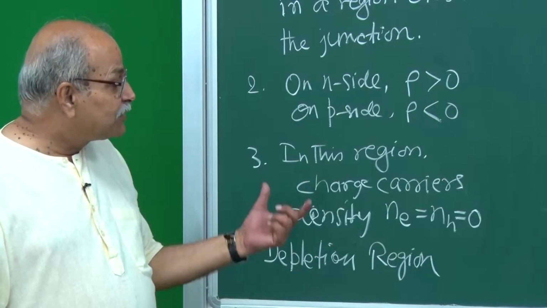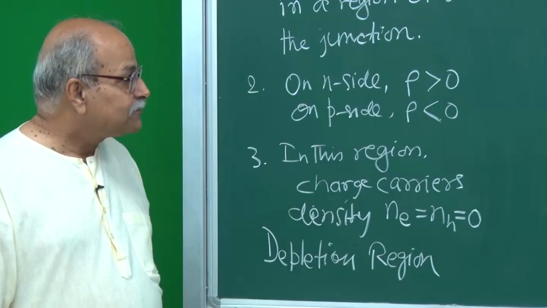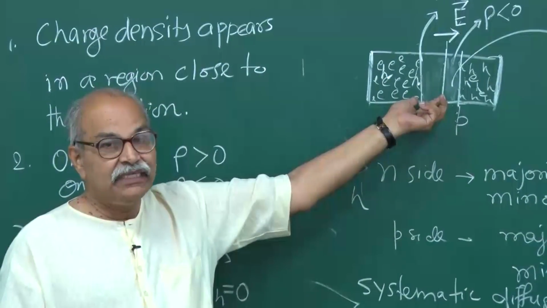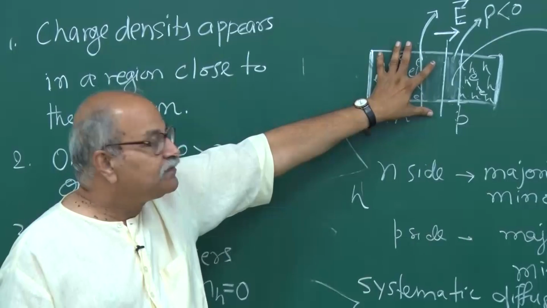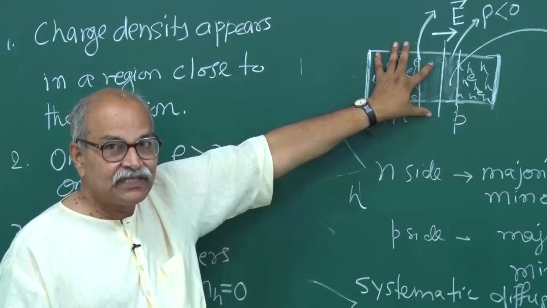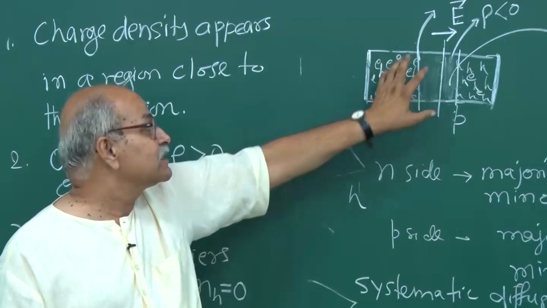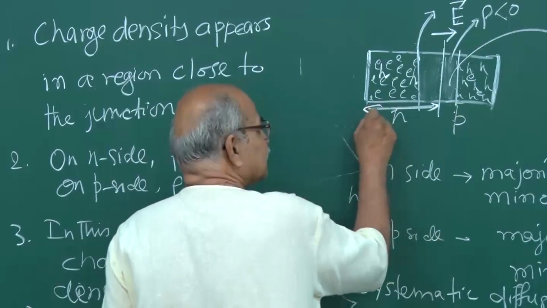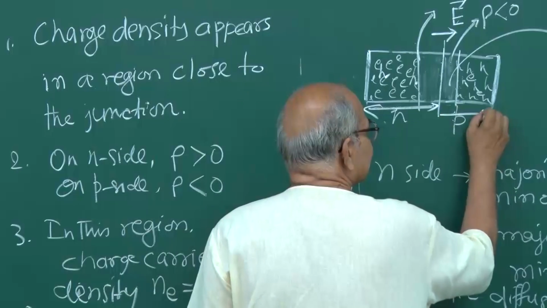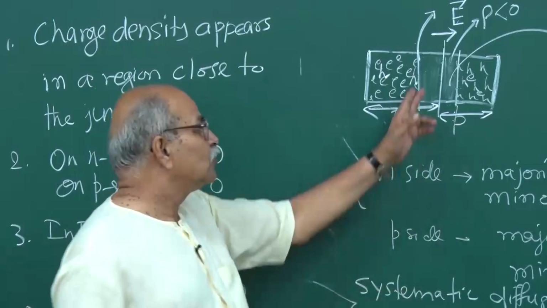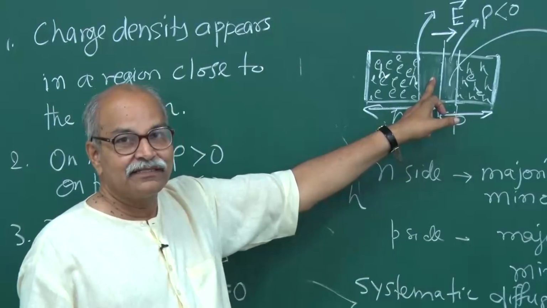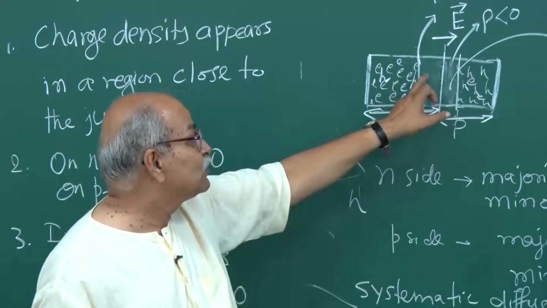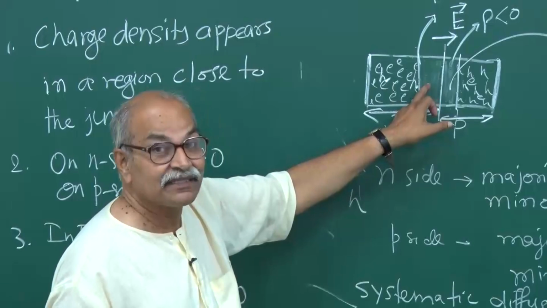Now, what is the width of the depletion region? That depends on the concentration of the dopants. Remember, the dopants are there. This is n type up to here, and p type from here to here. So, although there are no charge carriers, this is still n type material. We have diffused those pentavalent impurities here.